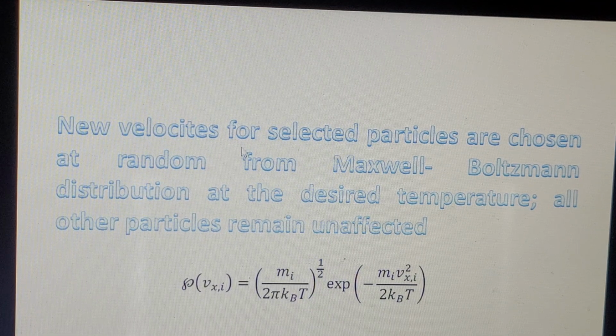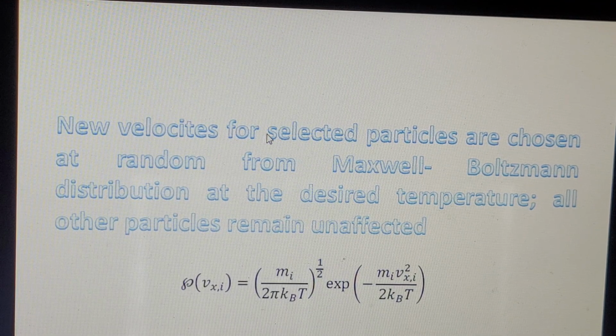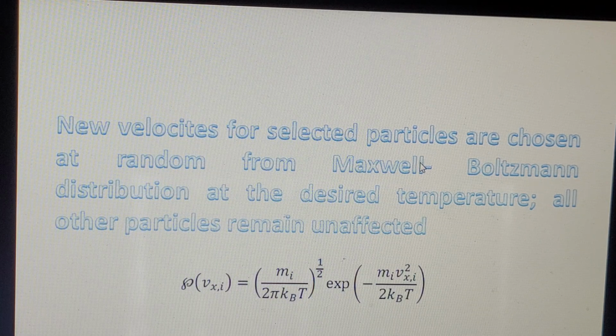New velocities for selected particles are chosen at random from the Maxwell-Boltzmann distribution at the desired temperature. All other particles remain unaffected.